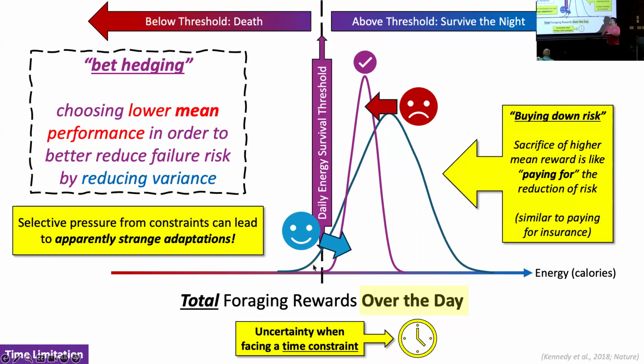And somebody say, well, you can change your foraging behavior to make your rewards more consistent, but it comes at a cost. And that cost is the average rewards you're going to get at the end of the day are going to be less than the average rewards you get with your riskier scenario. So that's the idea, is that you're giving up on the average.